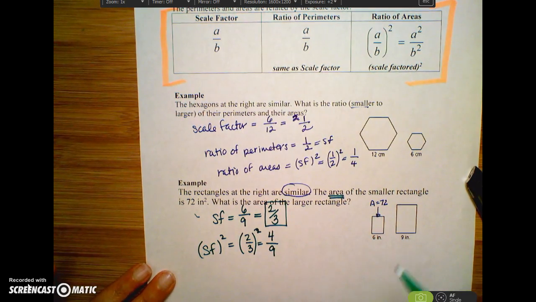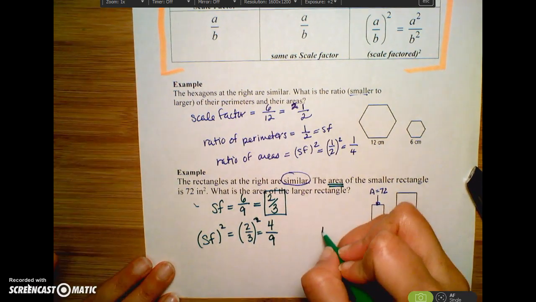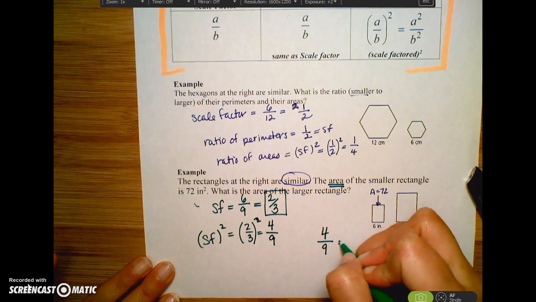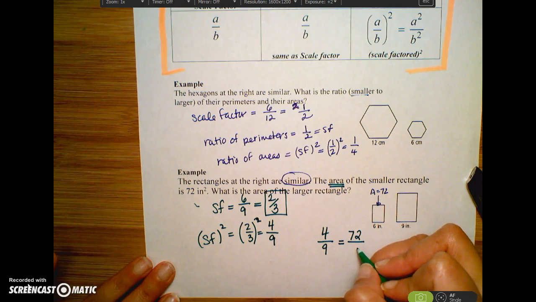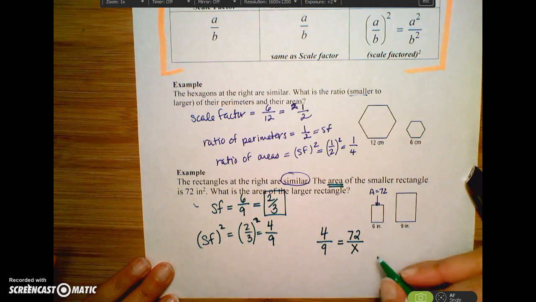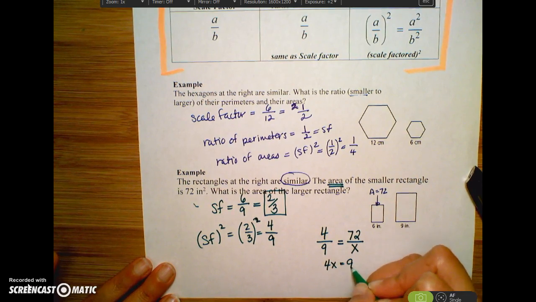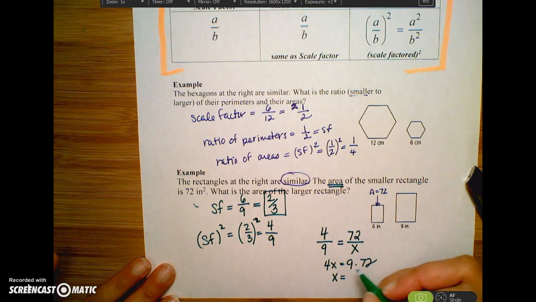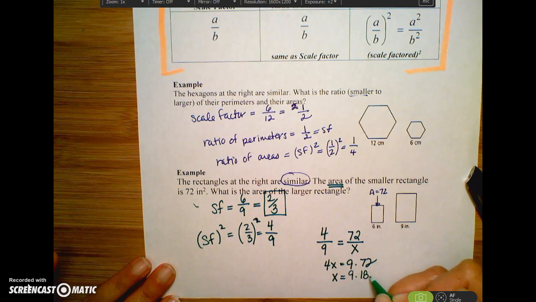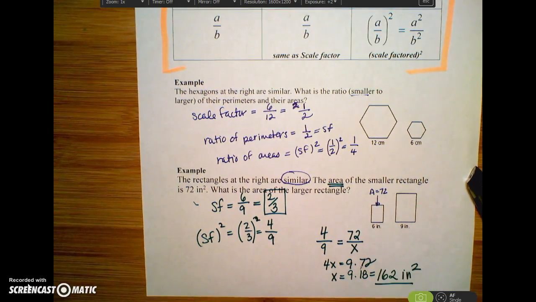Now, once I have that, I know the ratio of the areas is 4 to 9, and so what I'm going to do is set up a proportion to solve for the missing area. So 4 is to 9 as small area is to missing big area. So we're going to go ahead and cross multiply, and we're going to divide by 4, which gets us 9 times 18, and I'm going to pause here just to calculate that.